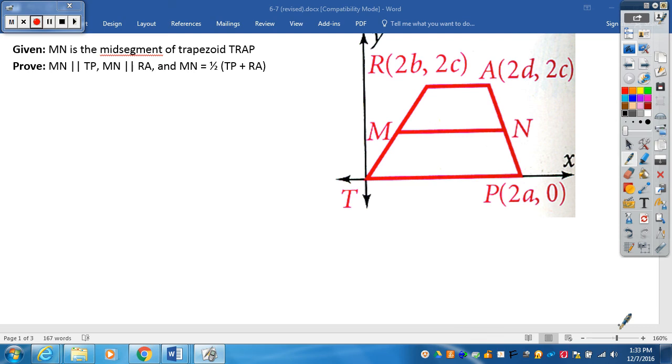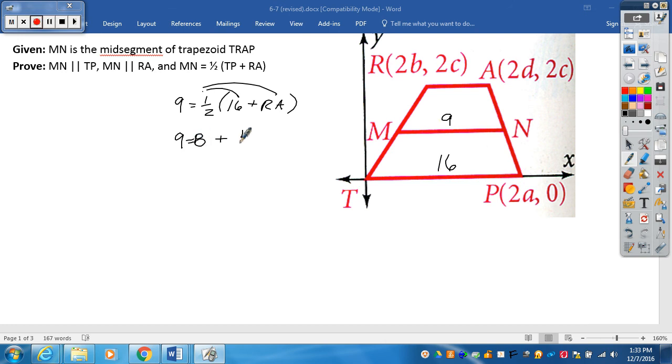Another example I could give you, if I was to give you something like this, this length is 9, and this length is 16. Okay, the question would be, what's RA? Well, again, I can throw that into my formula here, and we have MN is 9, TP is 16, and I can figure out what RA is by getting rid of the parentheses.